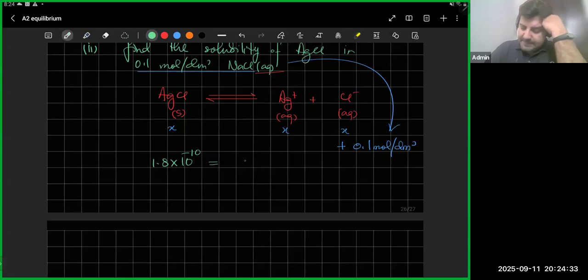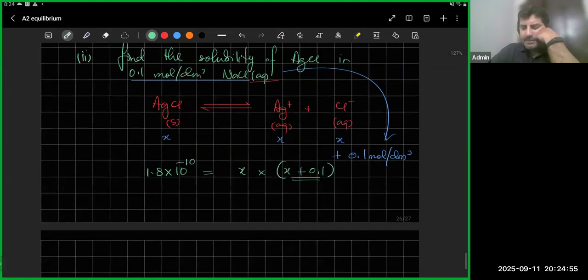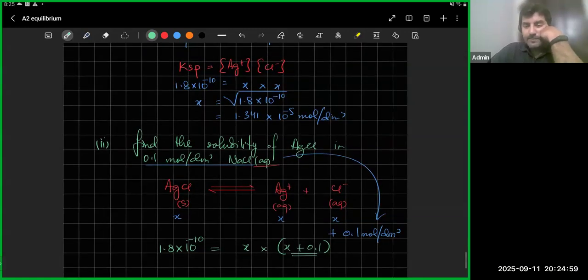So your KSP would be X times X plus 0.1. But the Cl ions are more, okay? You got X mole per dm cube coming from AgCl. And there's already, even before that, 0.1 mole per dm cube present. Okay, so is this part clear that we just wrote down the KSP expression? Except the solution already has Cl ions. Is this clear?